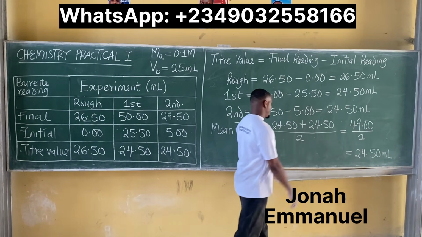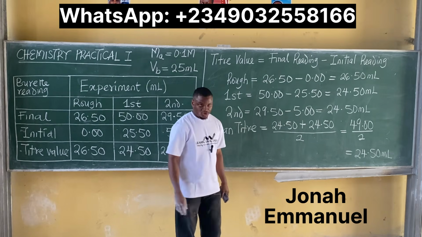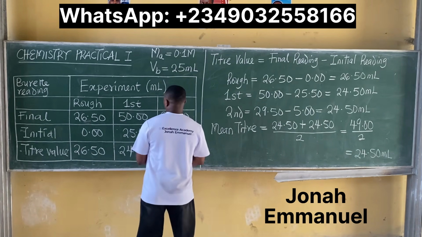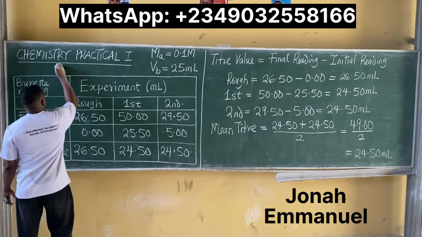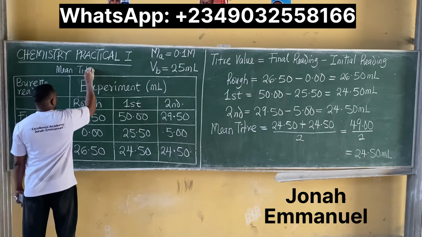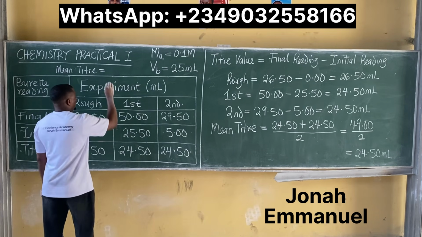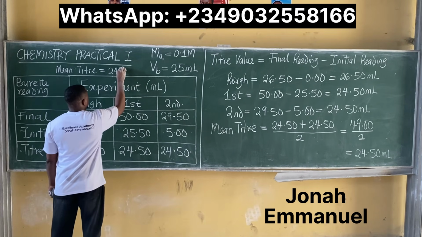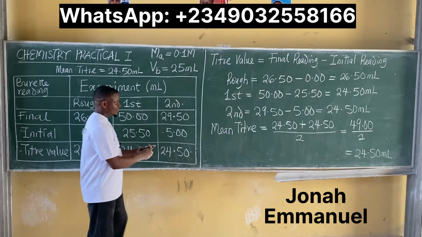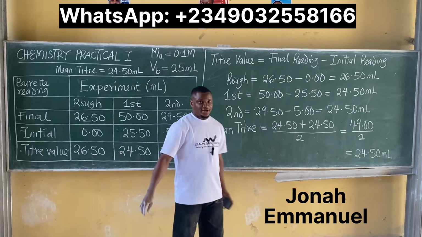This is your mean titer. We also keep the value of the mean titer: 24.50 in milliliter. So with this, we can go to the next question.